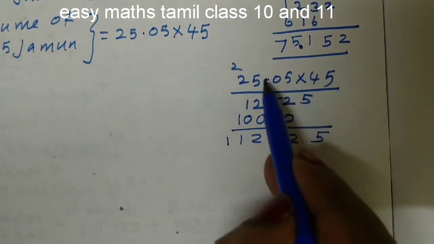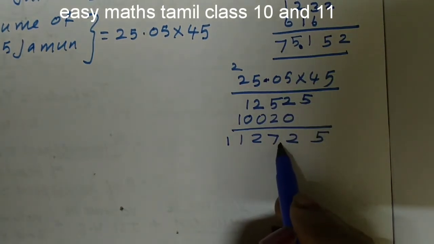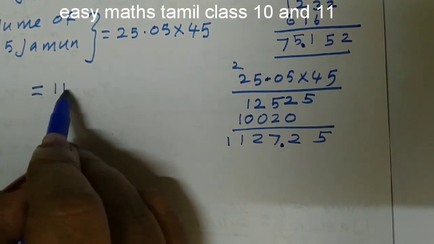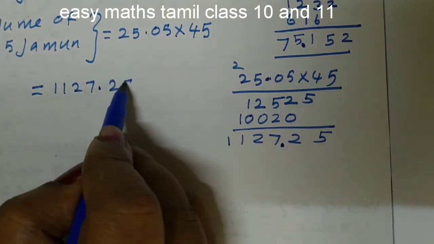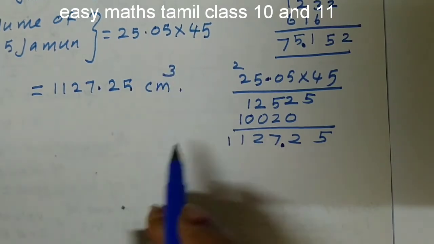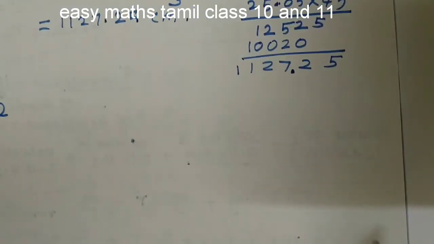The decimal point is placed after 2 digits, so here also place the decimal point after 2 digits. So the value is 1127.25 centimeter cube.